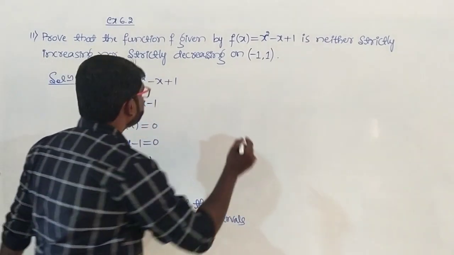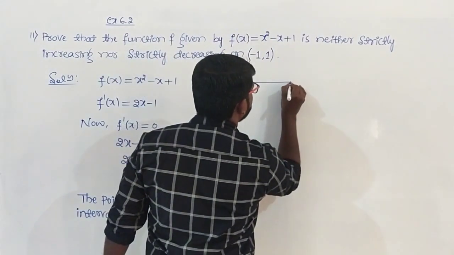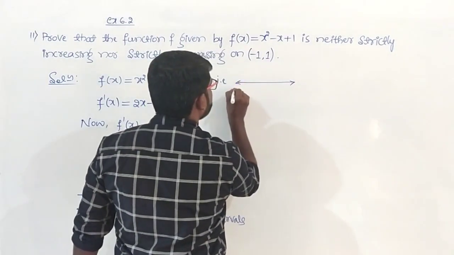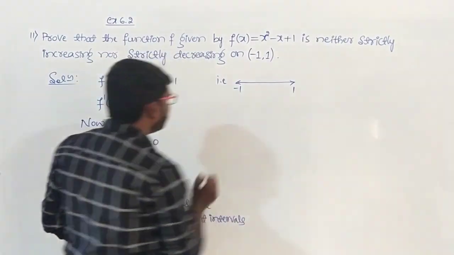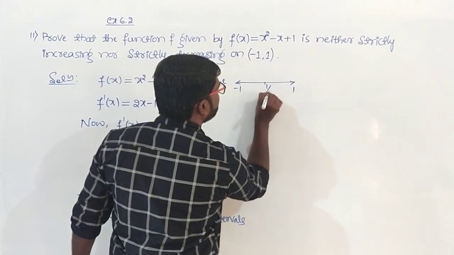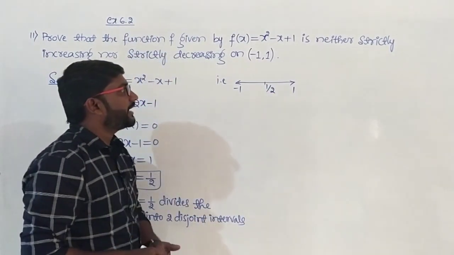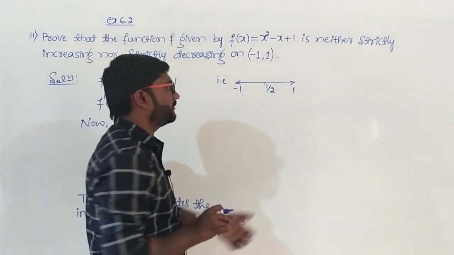I'll be marking them on the number line. So this is minus 1, this is plus 1, and what is the point now? x equal to 1 by 2. So in between we get 1 by 2. Then the two intervals are minus 1 comma 1 by 2 and then 1 by 2 comma 1.